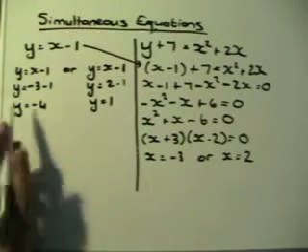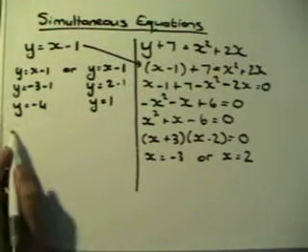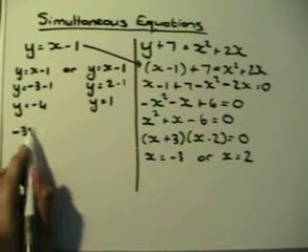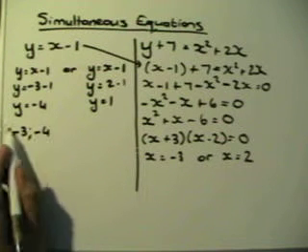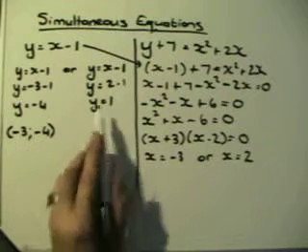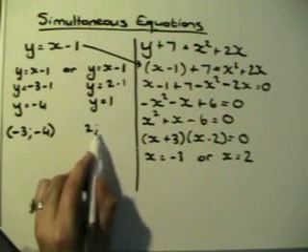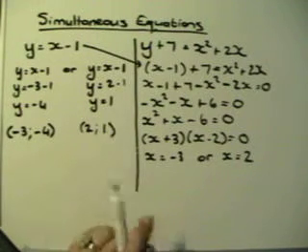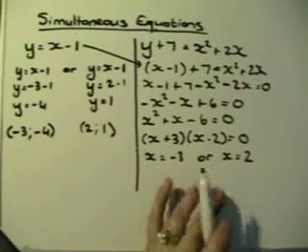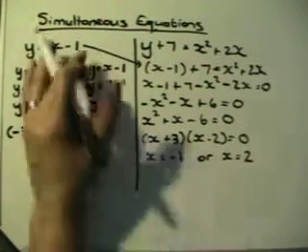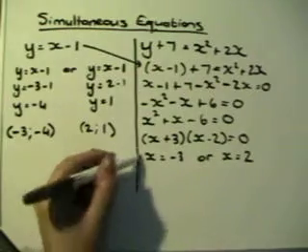So I have two scenarios. For the one x where x is minus 3, y would be minus 4. And if x is 2, what would happen? Y would be 1.